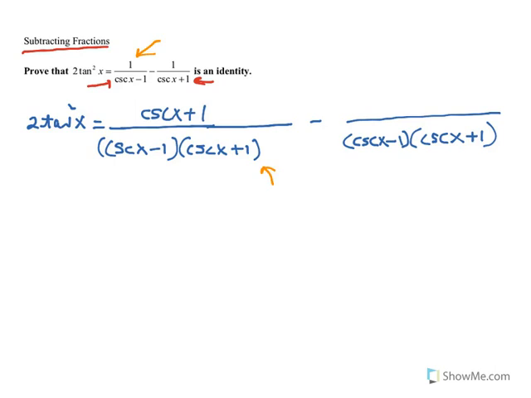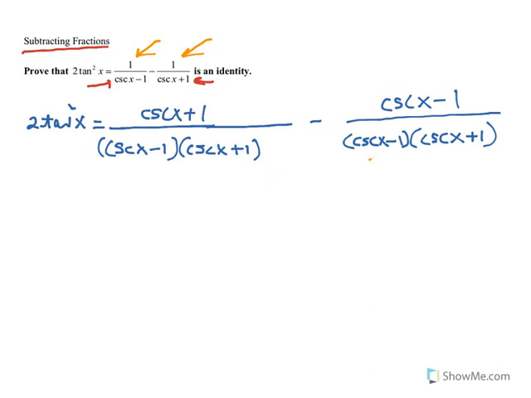And what about the second fraction? What did we multiply into that one? We multiplied in a cosecant x minus 1, so we need to multiply that into the numerator, so cosecant x minus 1.